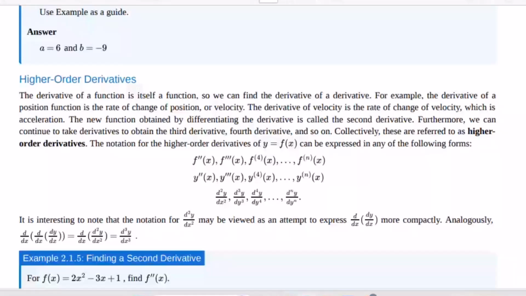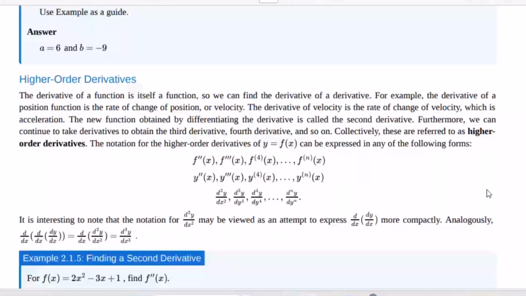From that definition, now you are applying this f of x, which is equal to 2x squared minus 3x plus 1, into that formula. This is what we'll have.